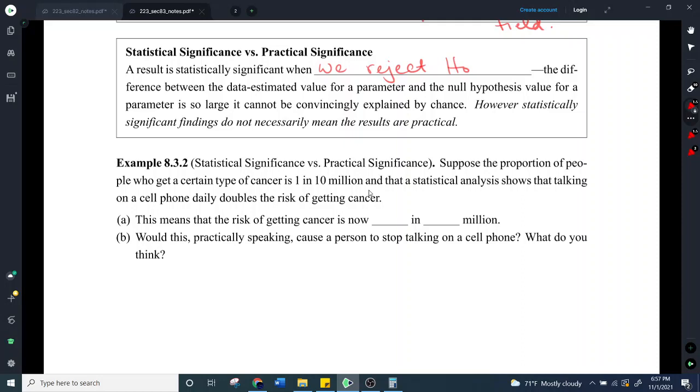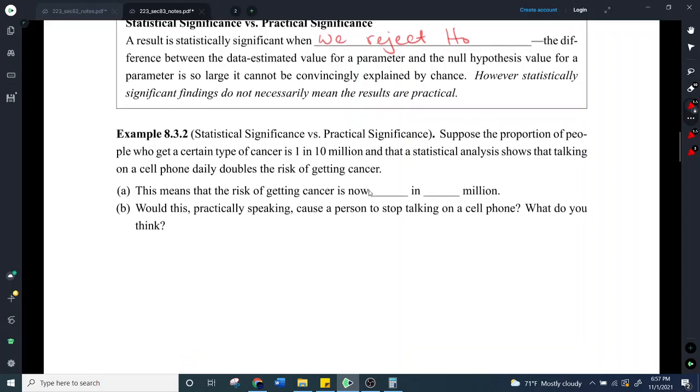So whenever we make this conclusion where we reject the null hypothesis, we have something that is statistically significant. That means that the results we got from our sample are statistically significantly different from what we would have expected to get. However, statistically significant findings do not necessarily mean the results are practical.